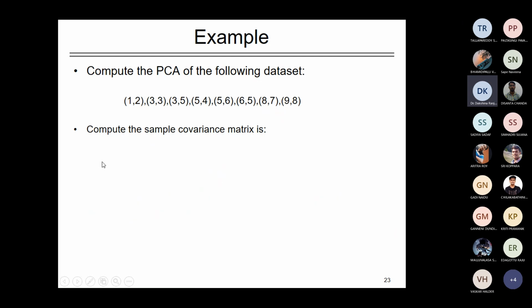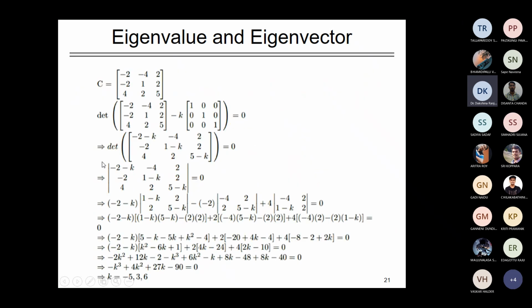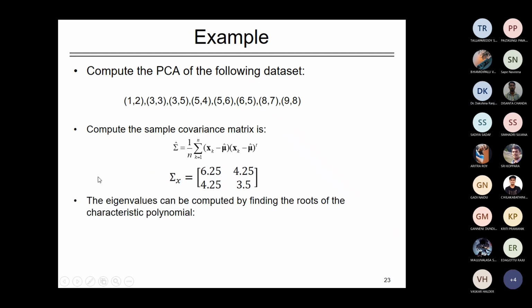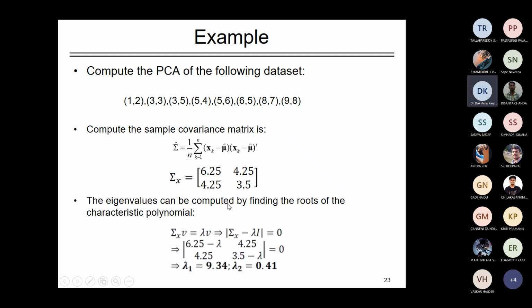In the previous example, what we did was directly put the feature vector in this determinant, so A minus lambda I we are considering here. But in the next example, we are computing the sample covariance matrix. Here we get the sample covariance matrix, and then we get the eigenvalues, which can be computed by finding the roots of this characteristic polynomial.